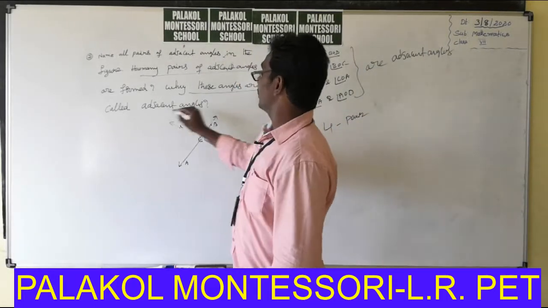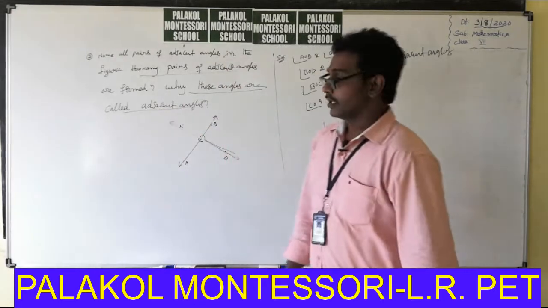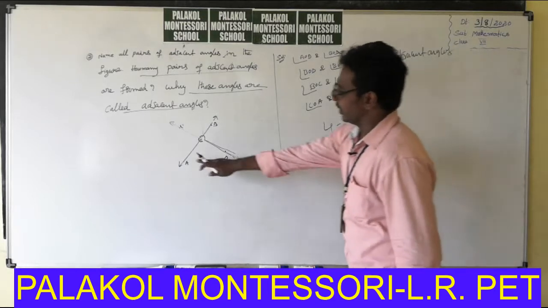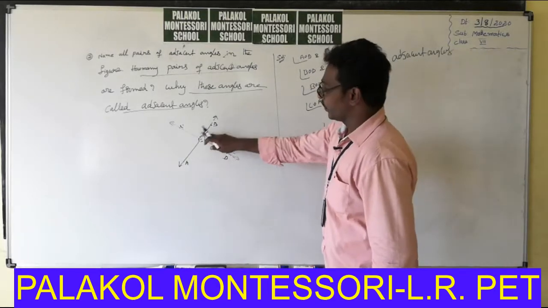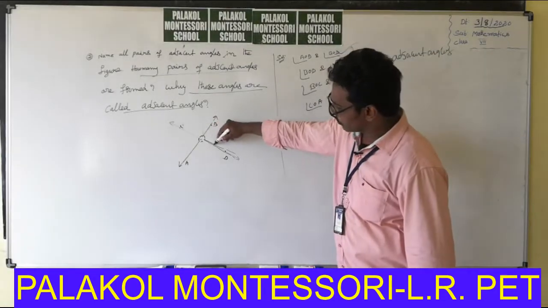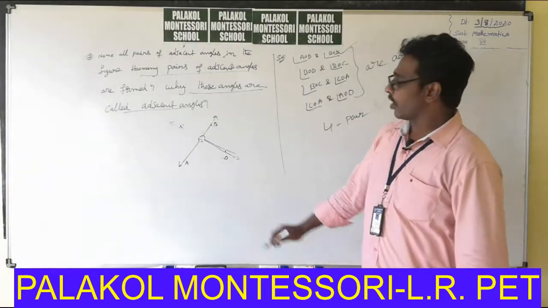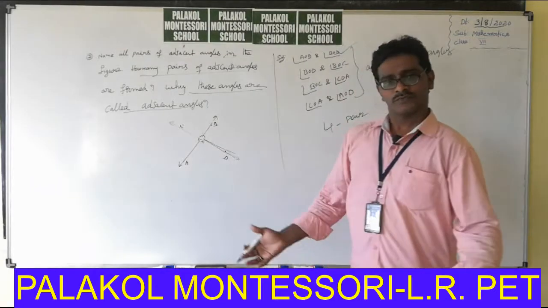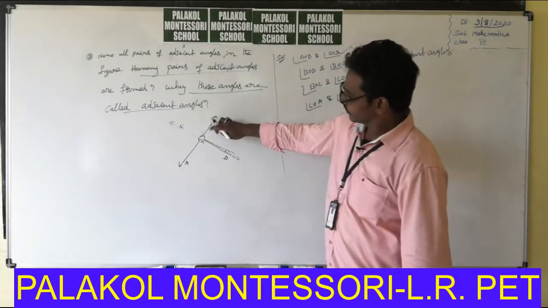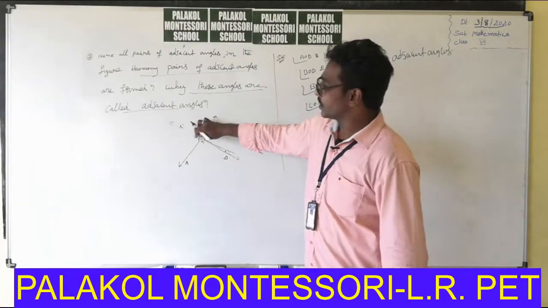Why are these called adjacent angles? Suppose the first pair you take is AOD, BOD. In these two adjacent angles, the common arm is OD and the common point is O. Finish. Second pair, you take BOD and BOC.